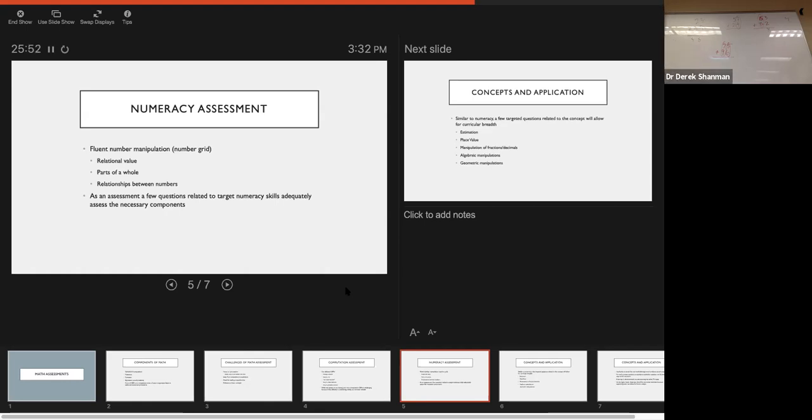So to me, those skills are related to what I call the fluent manipulation of number. So if you can have a number in your head, break it apart, put it together, change it in different ways, then that is numeracy.